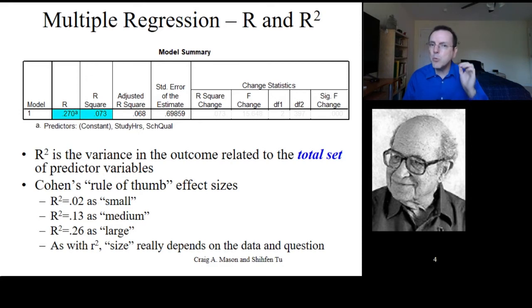But it still really depends on the data and the question. What's a small effect in one situation may be a large effect in another situation. So these rules of thumb should be used and interpreted with caution.